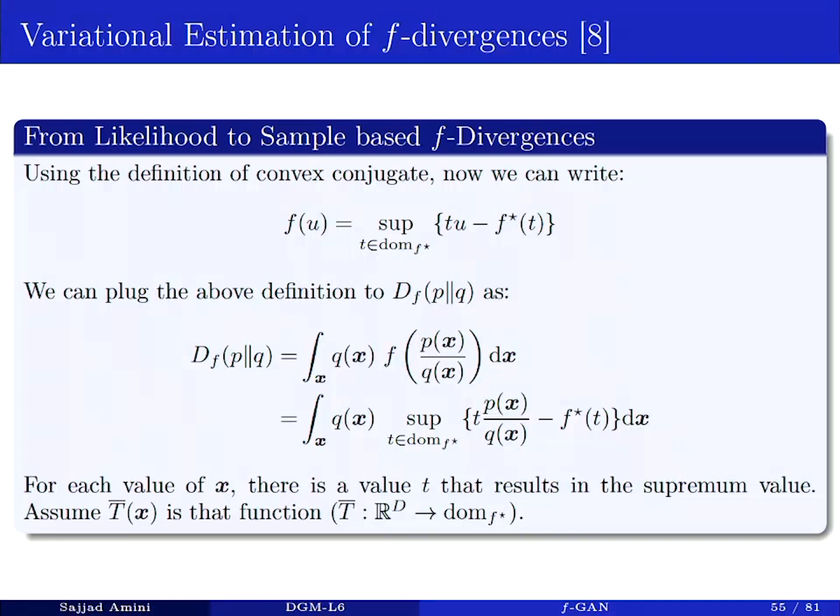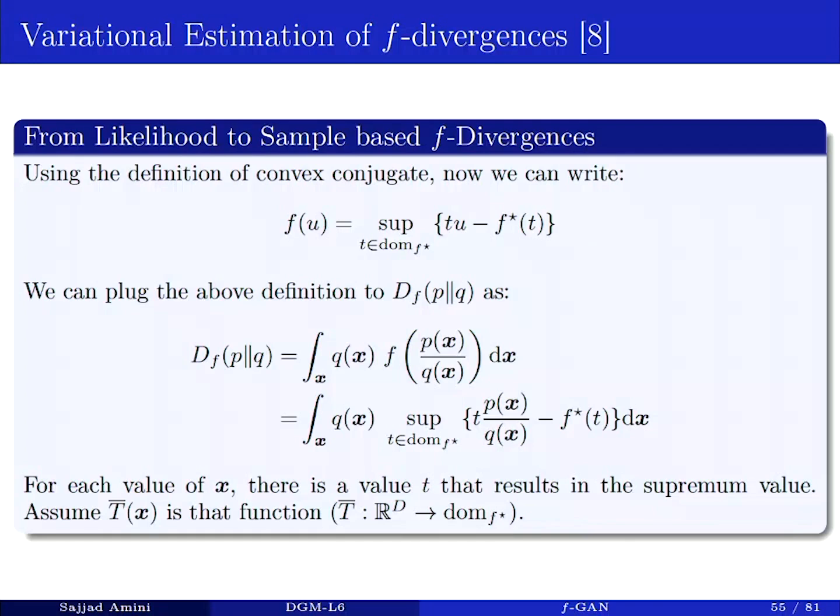Now, for each value of x, there is a value t that results in the supremum. This supremum depends on x, and we know that in the integral x is changing. So for each value of x, I have a corresponding value t that will reach the supremum. Assume that t bar of x is that function: for any x, it generates the corresponding t that results in this supremum.